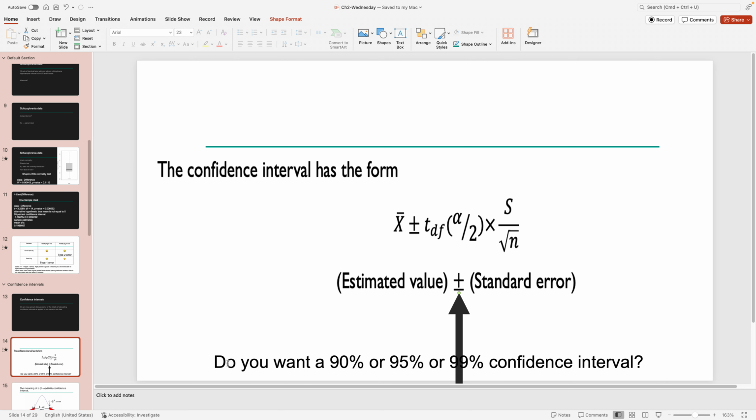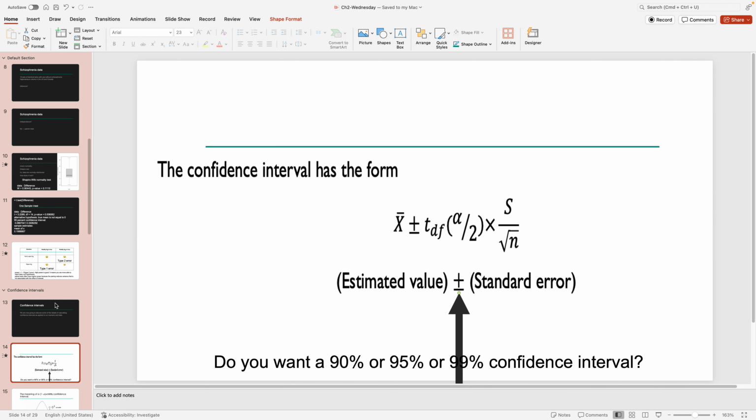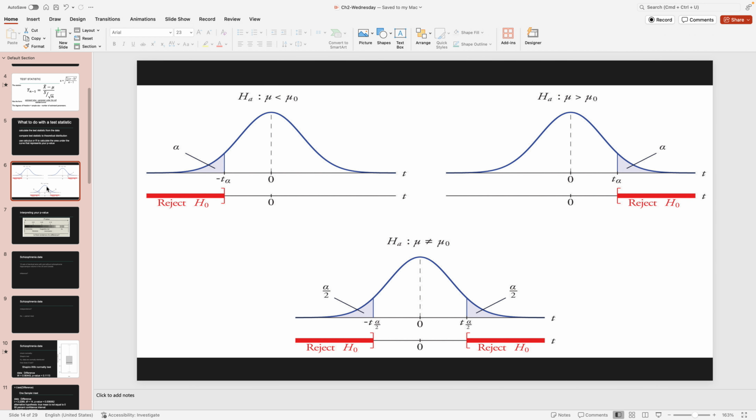So confidence relates to this type of alternative hypothesis, and it produces the interval that corresponds to, for example, 95% of the area being between these two values. It doesn't have to be 95%, it could be 90%, it could be 99%, it could be any number, typically greater than 90%.